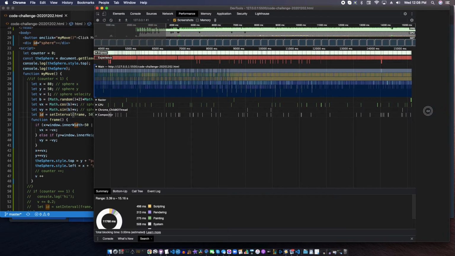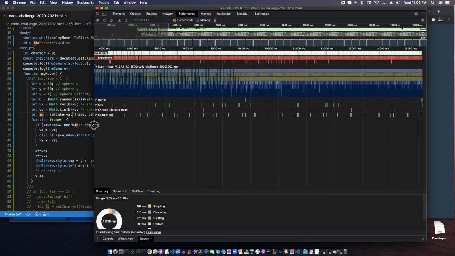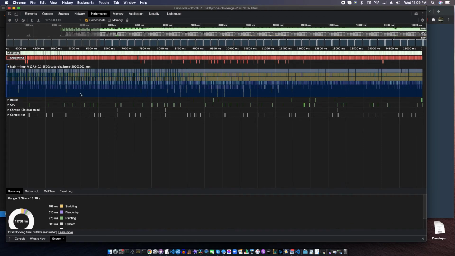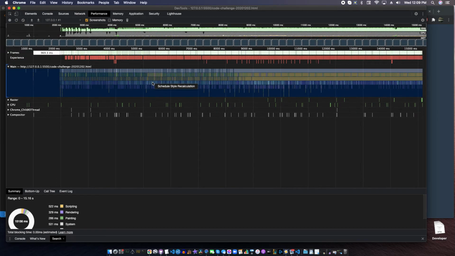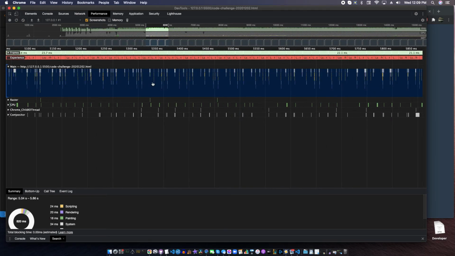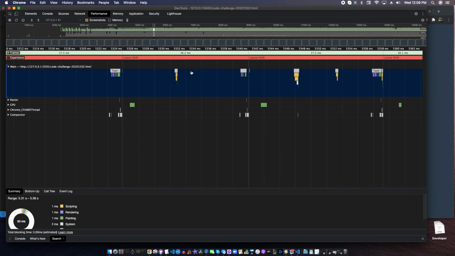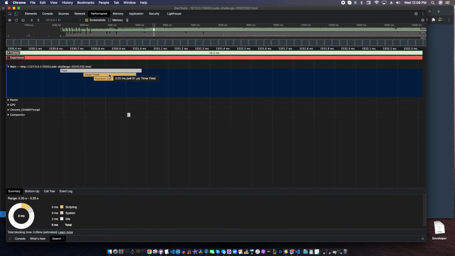Yeah, so I discovered this recently and was like, this is so awesome. This is so cool. You can zoom in with the mouse wheel and it's laggy. There's so much here. The timer is fired.